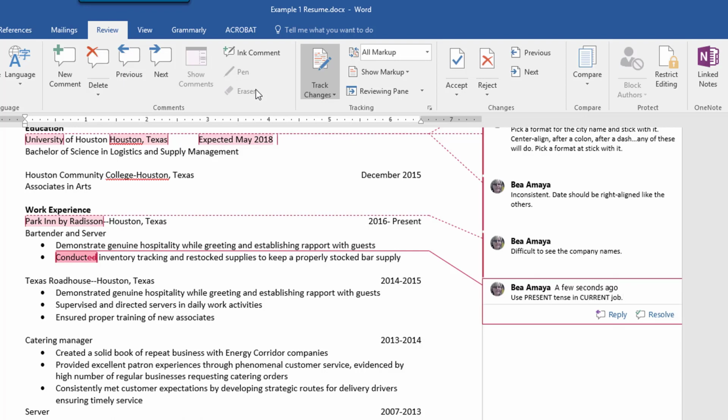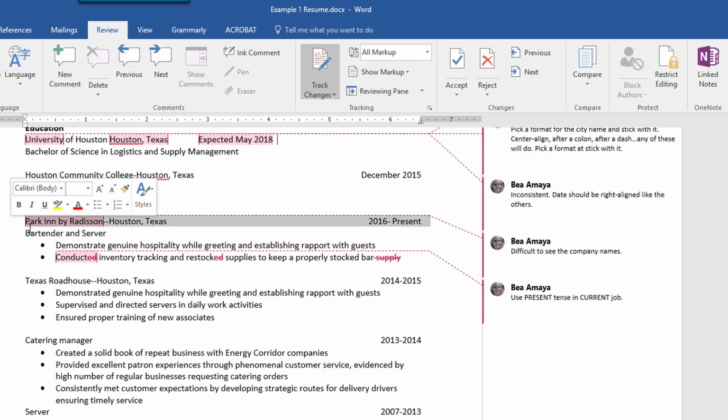In past jobs, you definitely want to use past tense. So he's got conduct inventory tracking and restock supplies to keep a properly stocked bar supply. Well, that's a little too much. How about a properly stocked bar? All right, the next one.